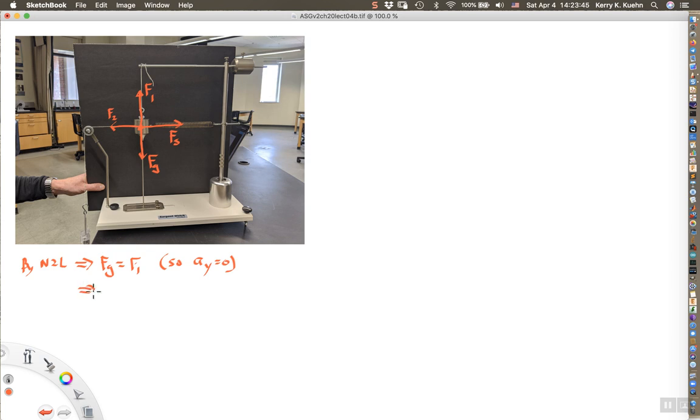And we also deduced that the force with which the spring is pulling on it is equal to F2 so that the acceleration in the x direction is equal to 0. Okay, that's where we arrived at last time.